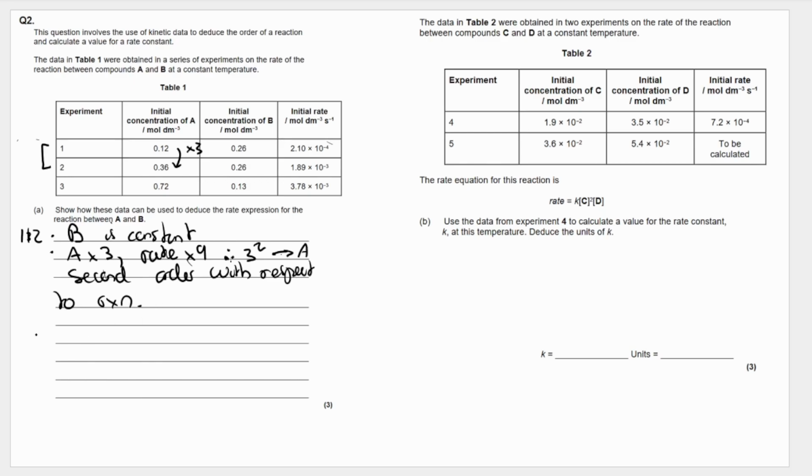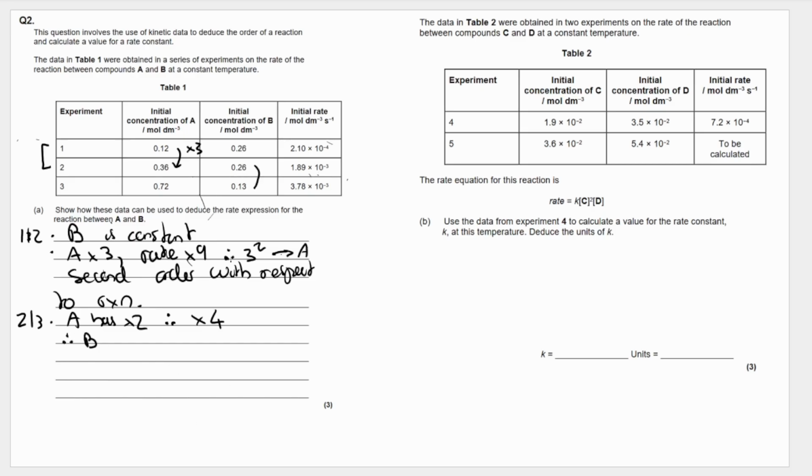Having a little look at the next part, we can analyse reactions 2 and 3, and we've seen that there's a change in A. A has been doubled, and therefore we would expect the rate to times by 4, but the overall rate itself has only been doubled, and therefore we know that B must have a different effect.